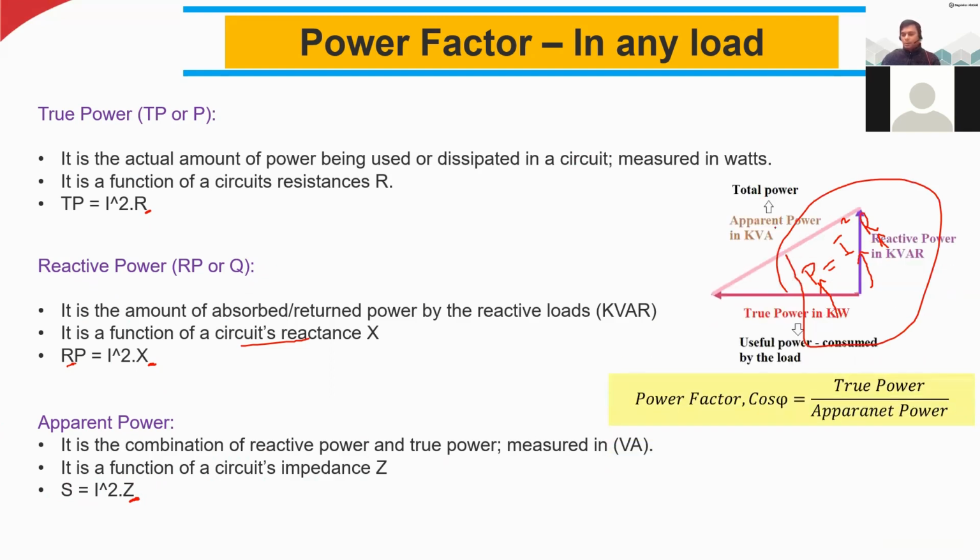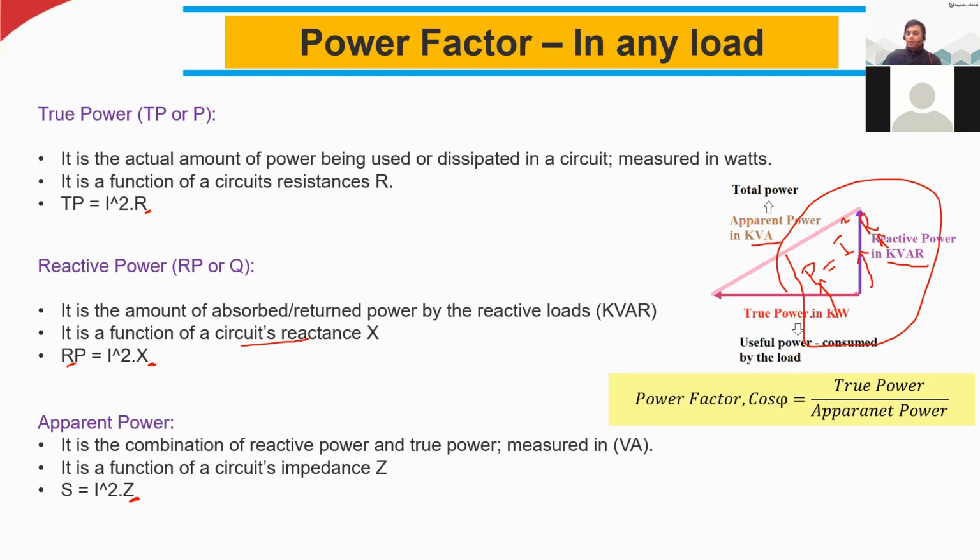So now if you make this kind of triangle, maybe you had seen in some open source materials as well. This is called true power, the bottom line in kilowatts. This left side line is called reactive power in kVAR, and total power is here. That is the apparent power, that is in kVA.